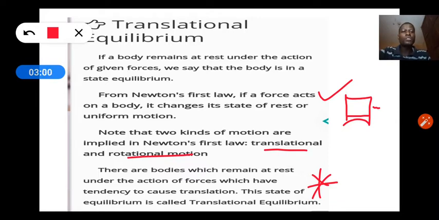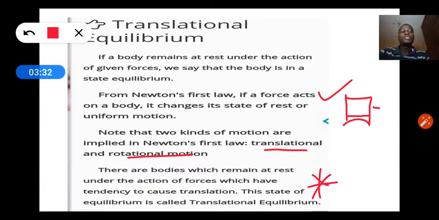If the forces acting on it have the tendency to cause a translation, that is to cause it to move from one point to another, that's translation. It may not be moving at the moment. If the body is at rest, there are forces acting on that particular body, but those forces have the tendency to cause a translation.